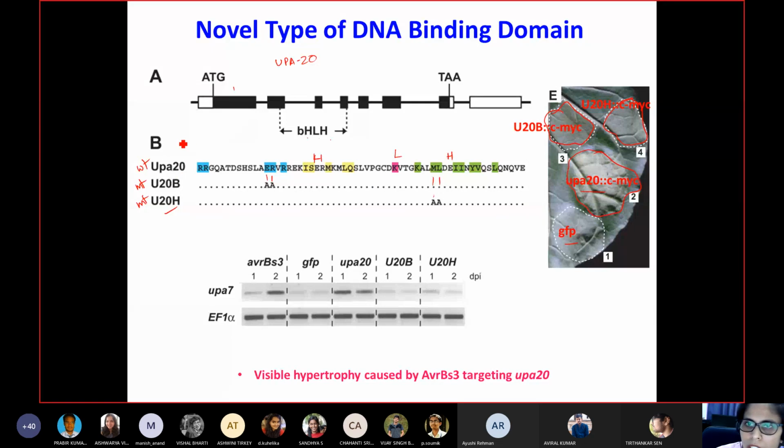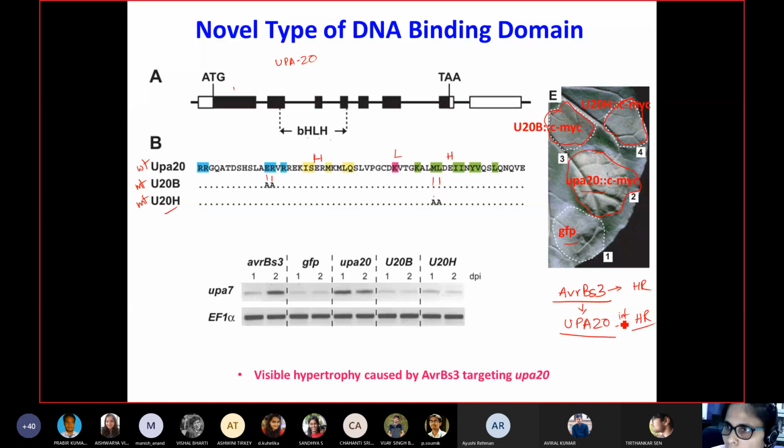One is AVRBS3, which we are taking as our first example. Xanthomonas has this effector protein, and if it is injected or infected in the leaf, the leaf will give you a hypersensitive response. But since UPA20 is a direct target, as they found by other experiments, if you infect the plant leaf with UPA20, it also directly gives you a hypersensitive response.